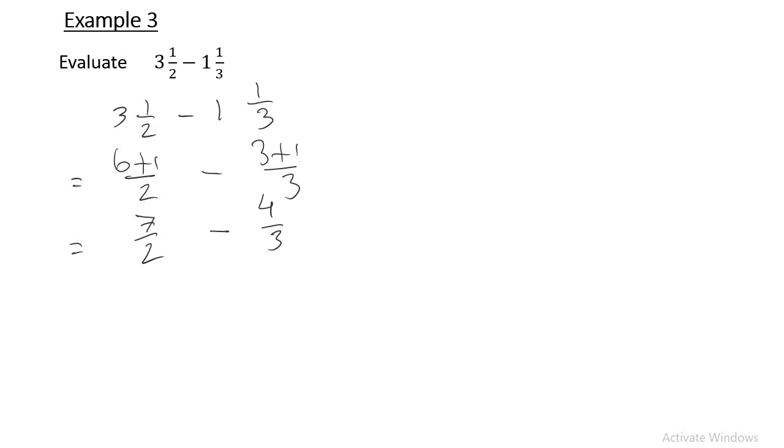So let's write down the 2 times and the 3 times table on the side here. So then we have 2, 4, 6, 8, 10, and then we have 3, 6, 9, 12, 15. Okay, now both of these times tables have 6 in them.